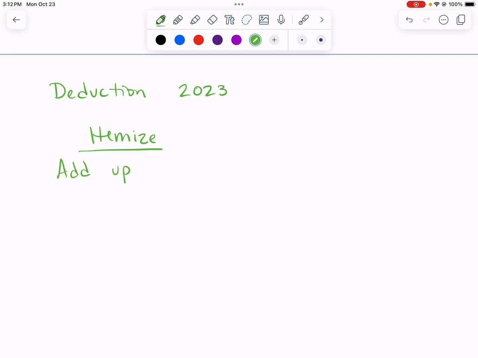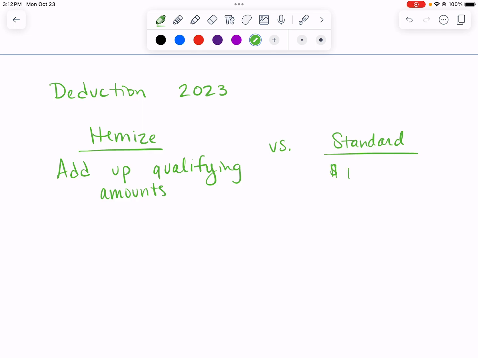This means you add up qualifying amounts and you look at that total, okay? Or you can take the standard deduction, which is a set amount. For right now, it's $12,950.